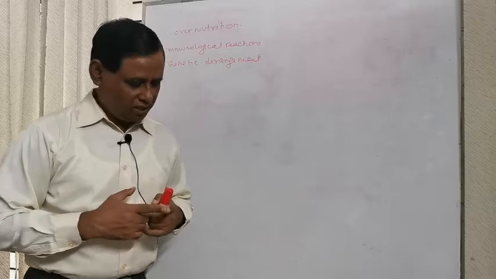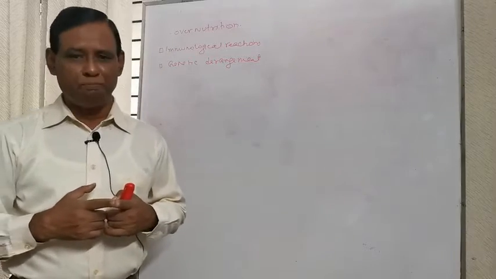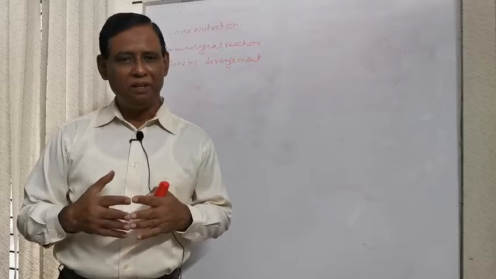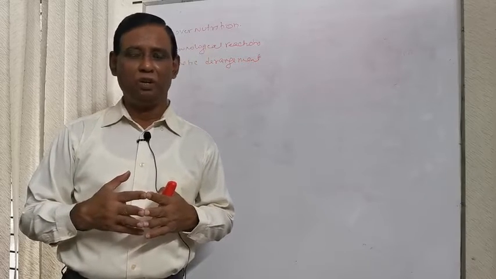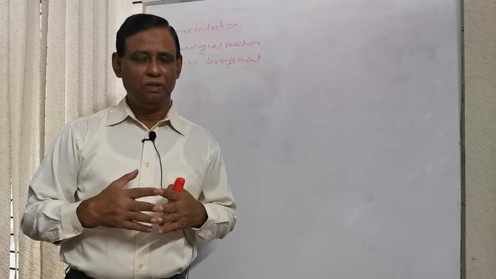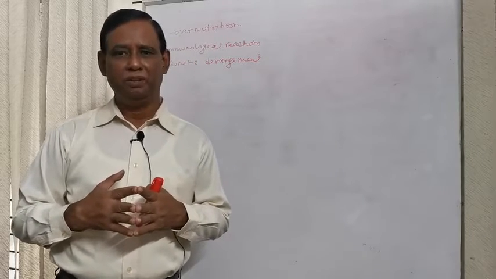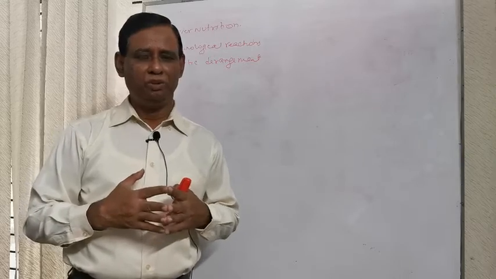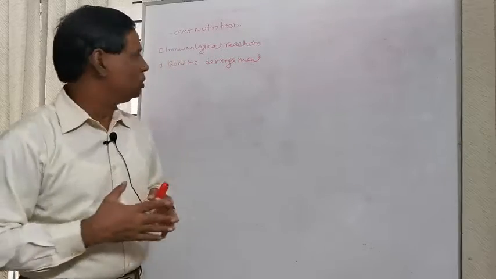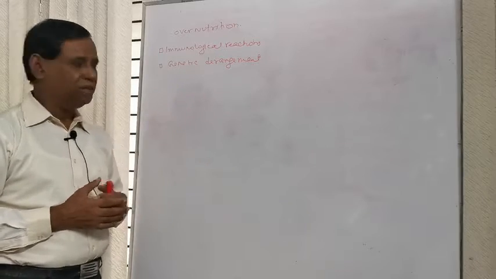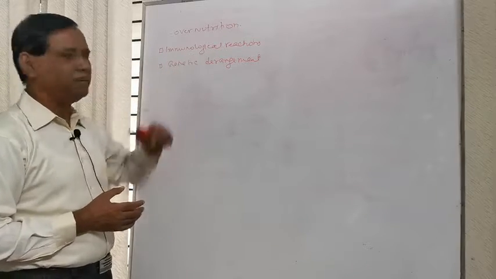If we compare the antigen with a thief and we compare the antibody with a policeman, you know a thief and policeman cannot live together. So antigen and antibody cannot live together. There will be reaction, as there is reaction between thief and policeman. So this reaction may occur within the blood vessel, antigen antibody reaction. This reaction is called immunological reaction.